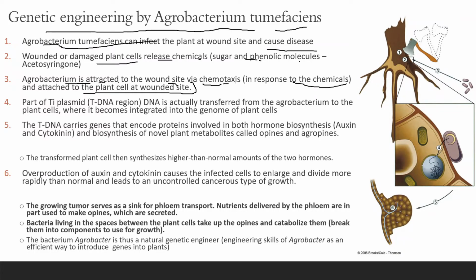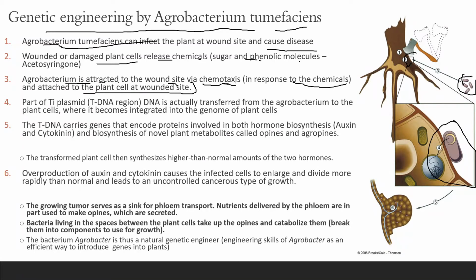As you can see, whenever the plant is wounded, these small tumefaciens get attracted to the wound site. This is an enlarged, magnified picture. These tumefaciens get attracted to the wound site via chemotaxis.